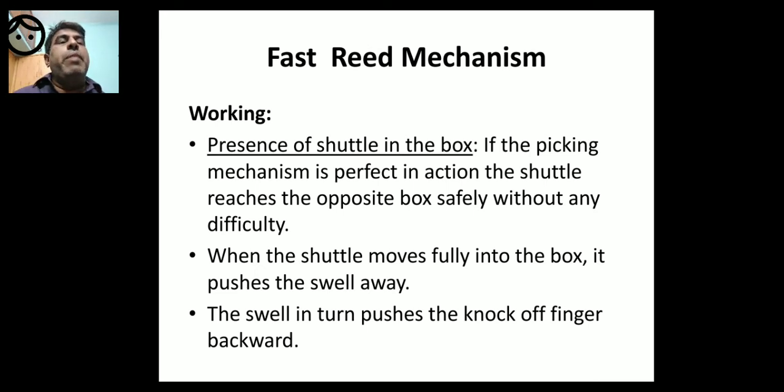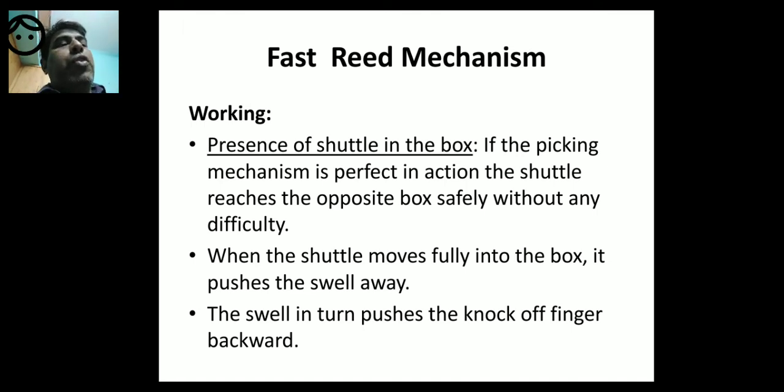What does it mean? Weft is present and there are no cracks and there is no problem. So there is regular running of the loom. In that case, the shuttle reaches the opposite box safely without any difficulty.